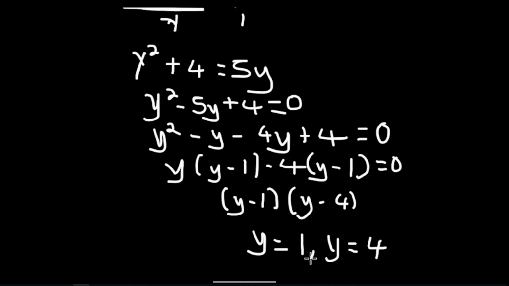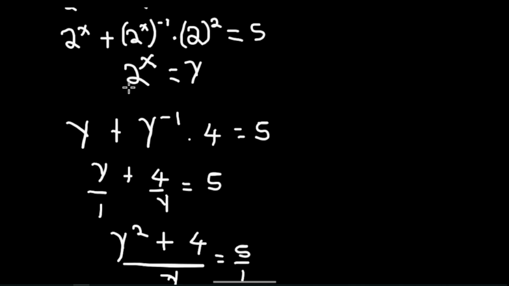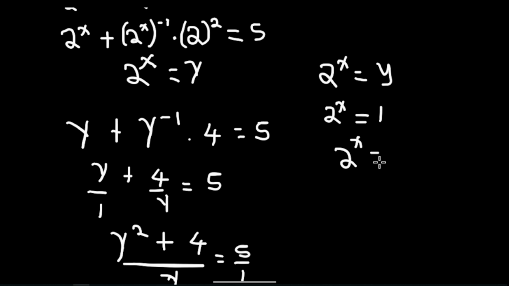Now that I've got these two values, I can go back. I have y equals 1 and y equals 4. Notice that I said 2^x is equal to y, and I have found y as 1. So 2^x is the same as 1, and any number to the power 0 is 1, so this will become 2 to the power 0, and my first x will be equal to 0.